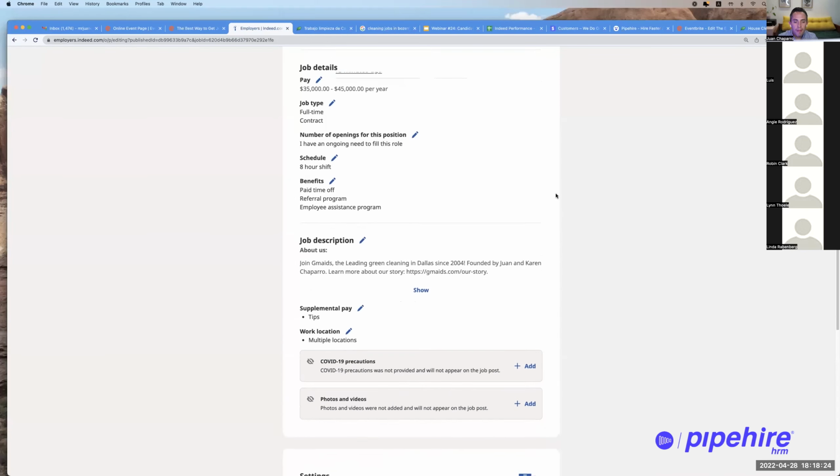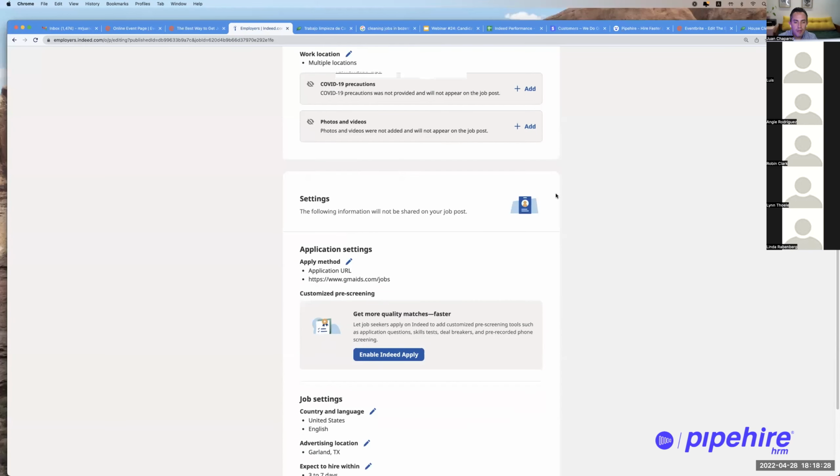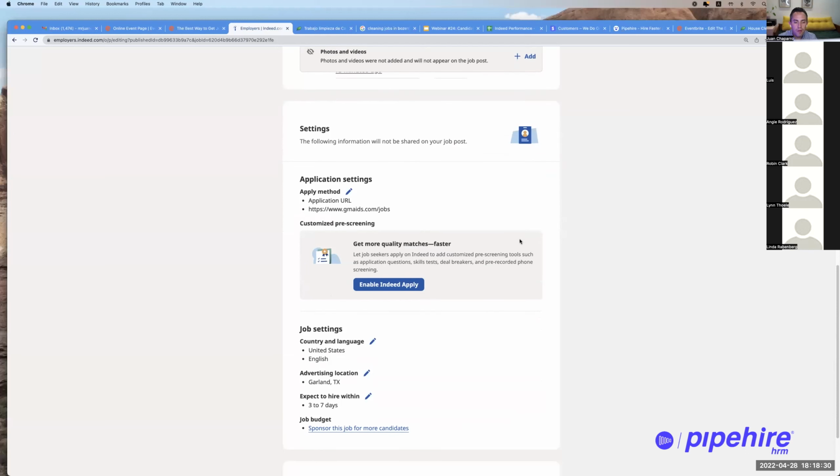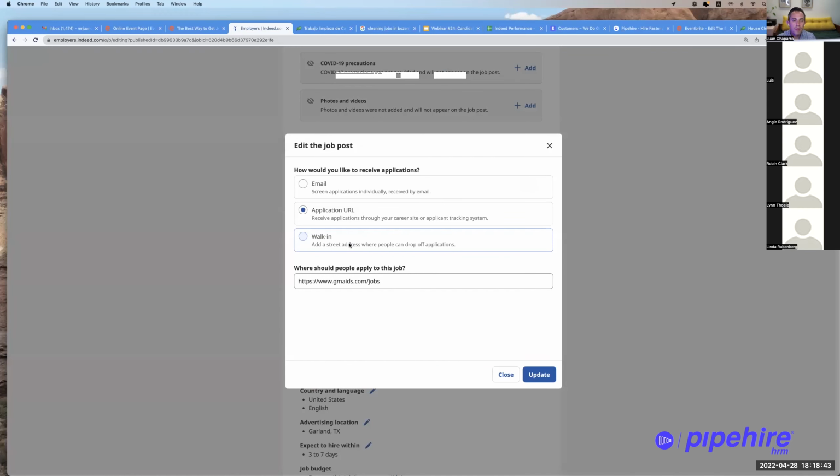Now, as you keep moving along Indeed, you will see settings here. So you have obviously the job settings, the advertising location, when you need to hire, the budget, and then you have this section called application settings. And when you click on this pencil, you will see that most of you have email.